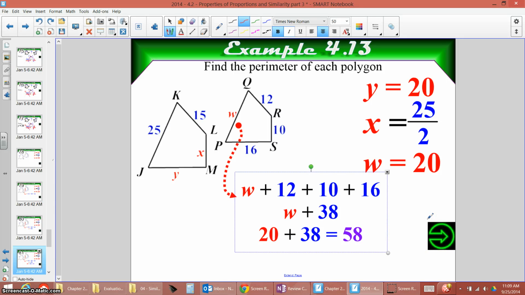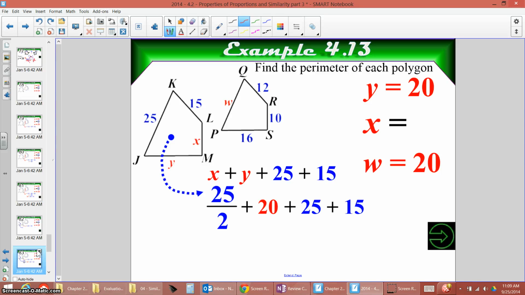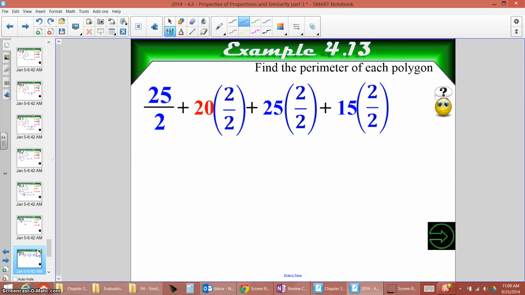So let's find that perimeter by itself. If I do that, I come here and I say, well, the perimeter of the other side is X plus Y plus 25 plus 15, which gives me 25 halves plus 20 plus 25 plus 15. Ugh, fractions. I need to add all of my fractions with the same size pieces of pizza. So I multiply each piece by 2 over 2.